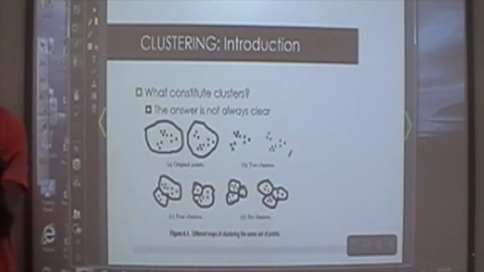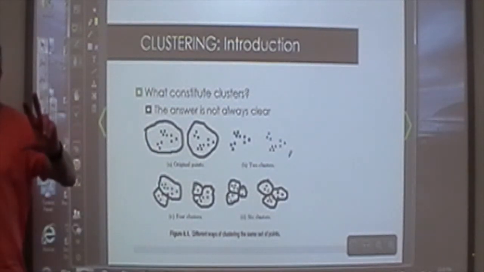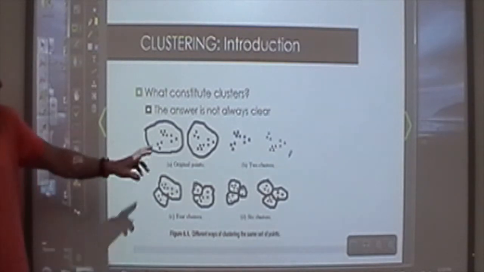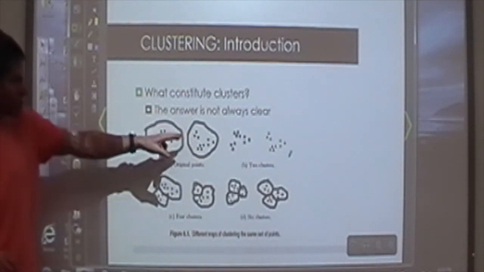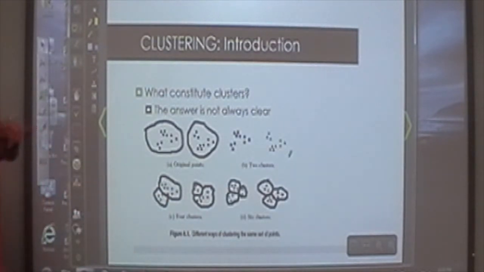So what is a cluster? As I say, in humans, we kind of identify that there are different ways of clustering. One of them will say, okay, look, you can break this into 2, and then you can further break that into 4, and then further break it into 6.